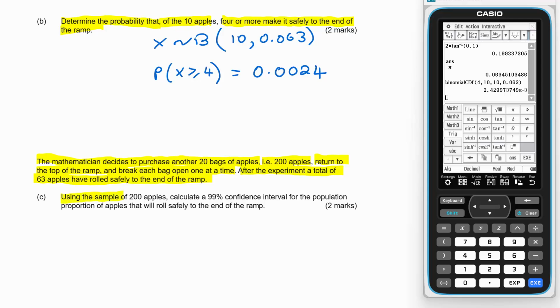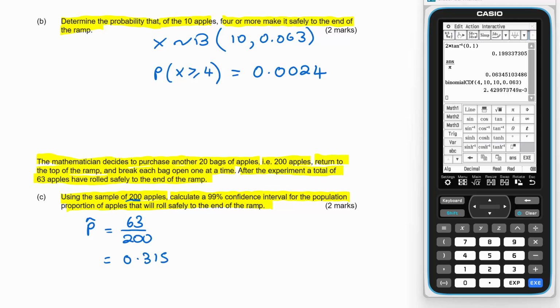Using this sample of 200 apples, calculate a 99% confidence interval for the population proportion of apples that will roll safely to the end of the ramp. Well, we know that our p hat here is going to be 63 out of 200. That's the 63 that went to the end of the ramp out of the 200 apples.